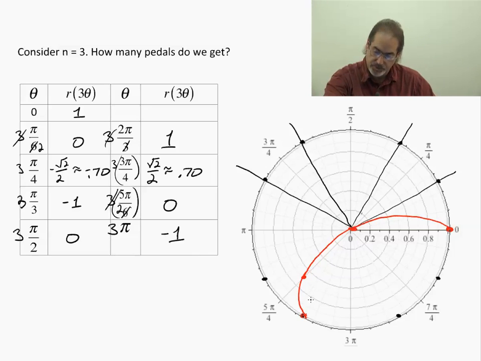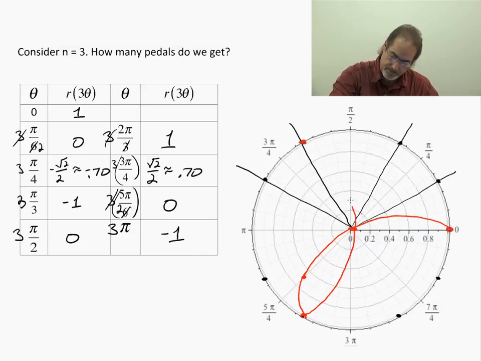At pi over 2, this angle, I'm at 0. So I've come back up to here. And let's see, where am I now? At 2 pi over 3, which is this angle here, I'm at 1. So I've come back out and I'm right here. At 3 pi over 4, this angle, I'm at 0.7. Well, here's the 0.7 ring. I'm just going to swing it around, and it should be right there.